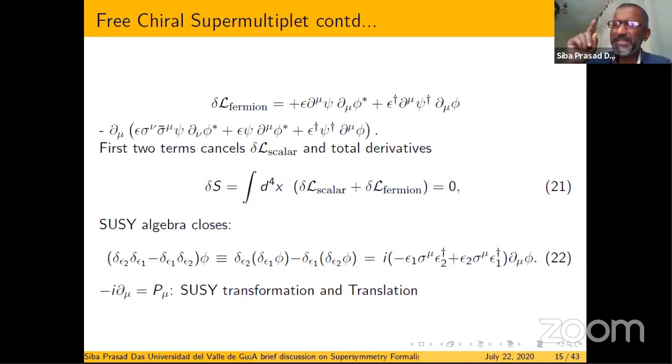That is the connection you will see: whenever I have a QQ dagger, I have a P mu. P mu is nothing but the derivative del mu. So the commutation of Q and Q dagger, which are Grassmann operators, manifests that my SUSY algebra is closed. This is very important, the algebra closes.